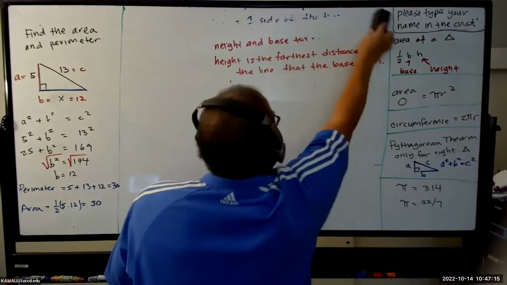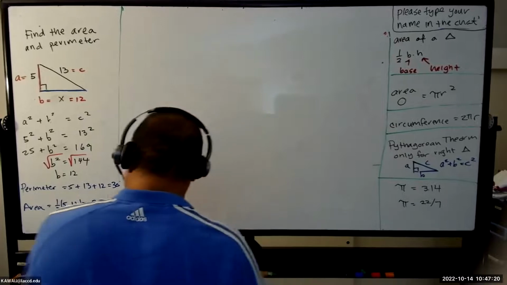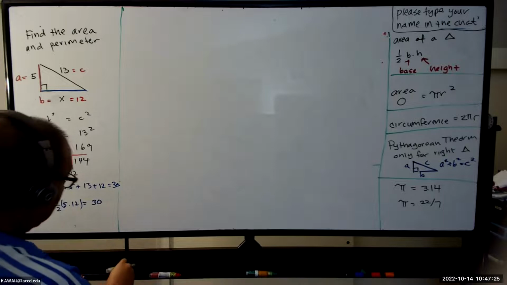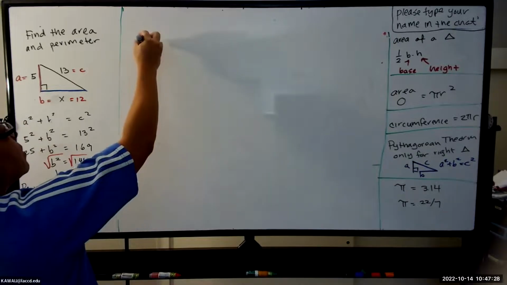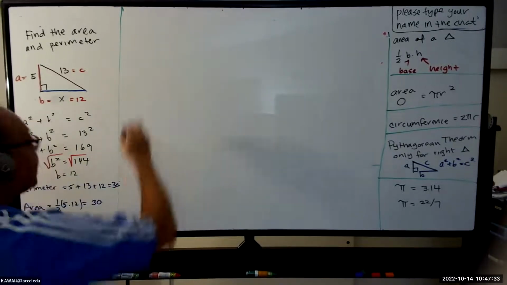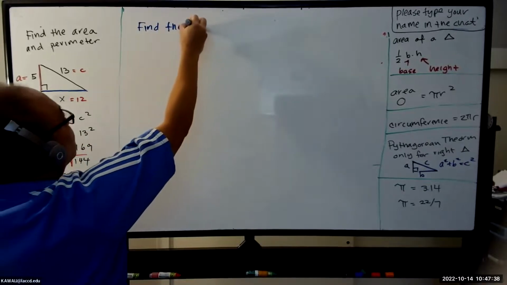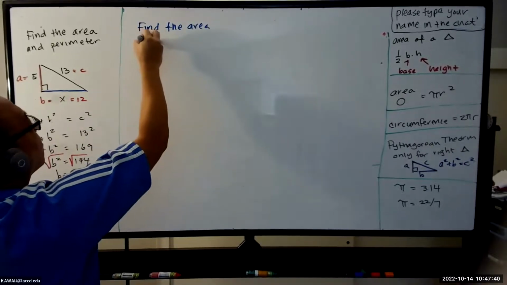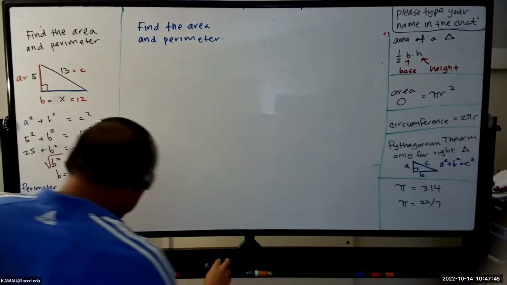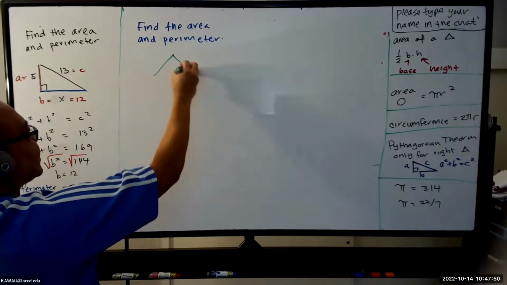Okay. But another one that I've seen is something that looks like this right here. So we'll go find the area and perimeter. And then usually it'll be a word problem and they describe it as like a stained glass window.